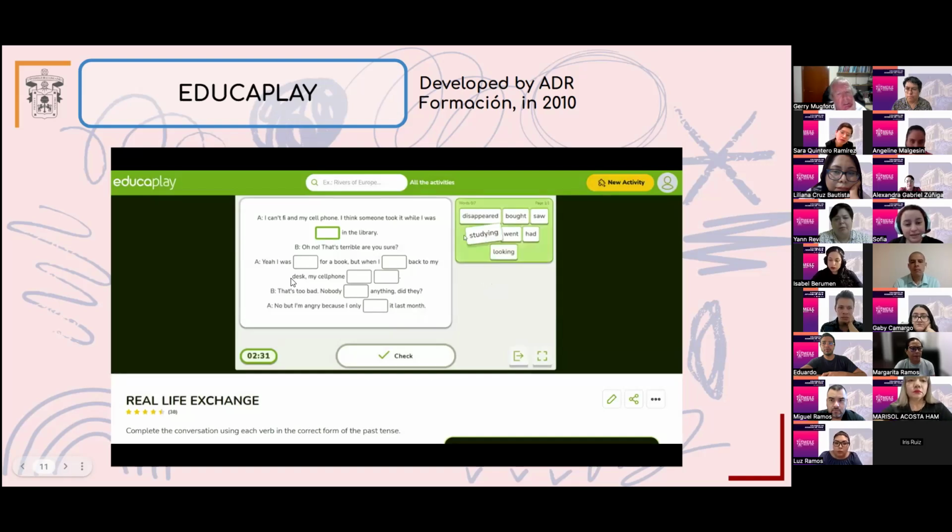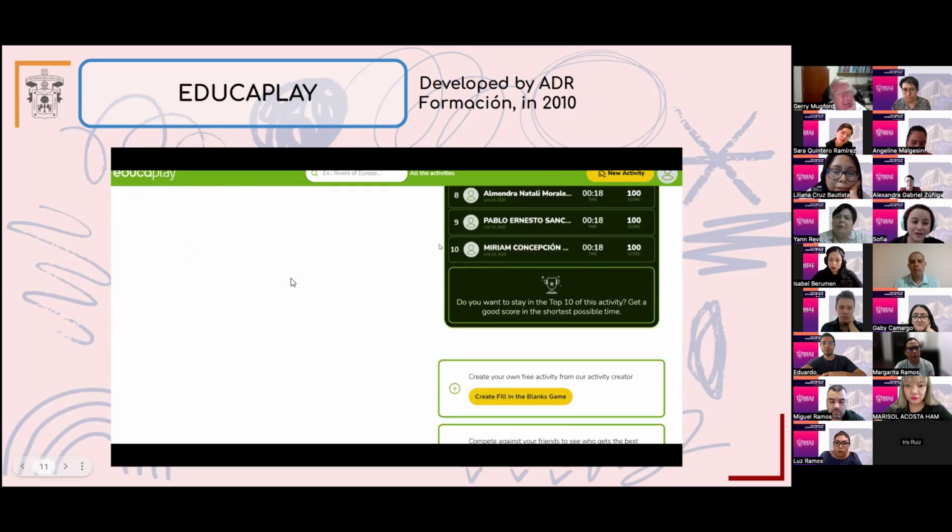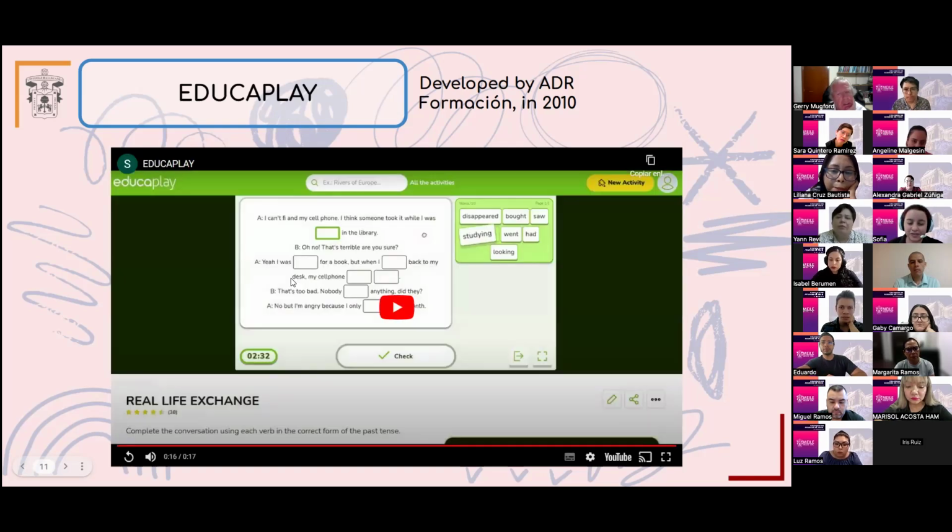And it has many templates, as you can see, to use and modify. You can even use the templates of other people who create their school activities through this platform, and you can modify them according to your needs or your content.